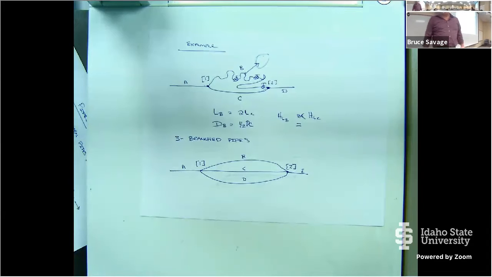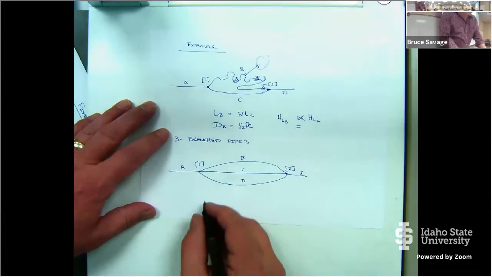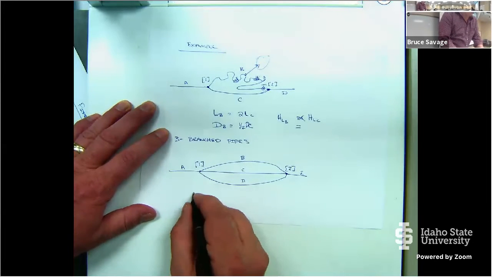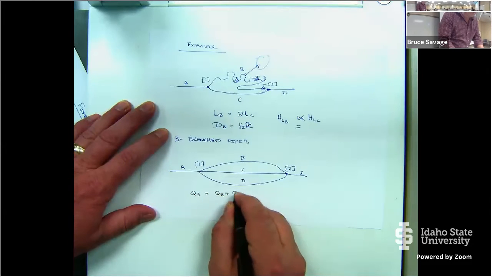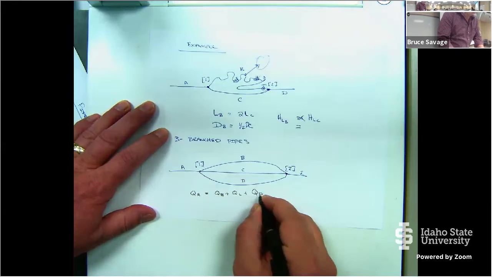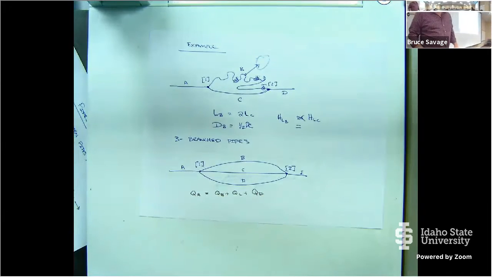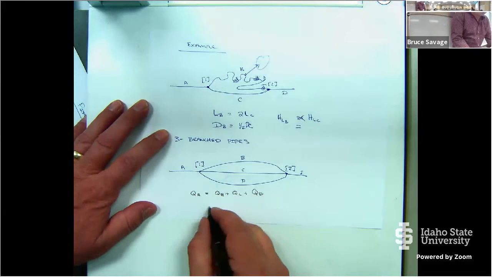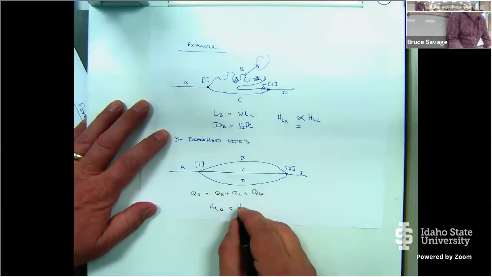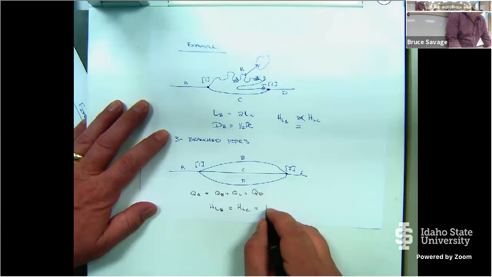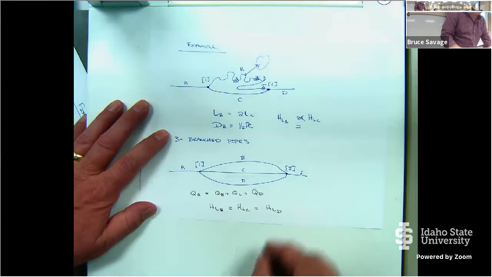Did not intend that to be a dashed line. Well, there's really nothing different about this, is there? Q sub A is going to equal Q sub B plus Q sub C plus Q sub D. And the opposite thing, Q sub B plus C plus D is going to equal Q sub E, again assuming that we are not pulling any flow out of the system. And the head loss across B is going to be equal to the head loss across C, which is going to be equal to the head loss across D.